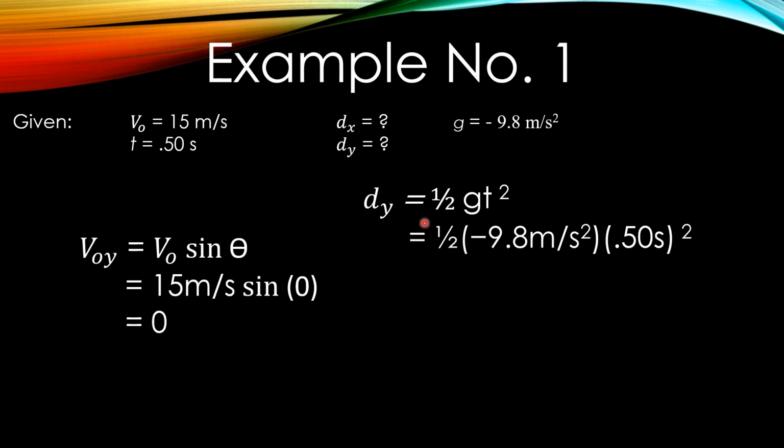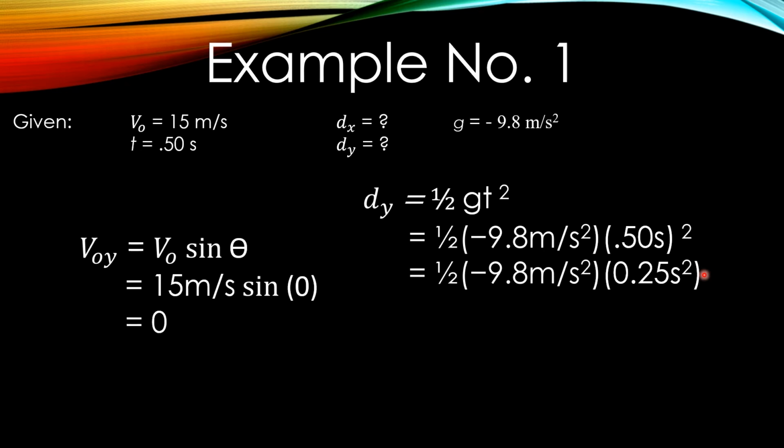Now, we have to deal first with the exponent. We have to distribute the exponent inside the parentheses to 0.50 and to the unit s. What will be the result? We have 0.25 second squared.